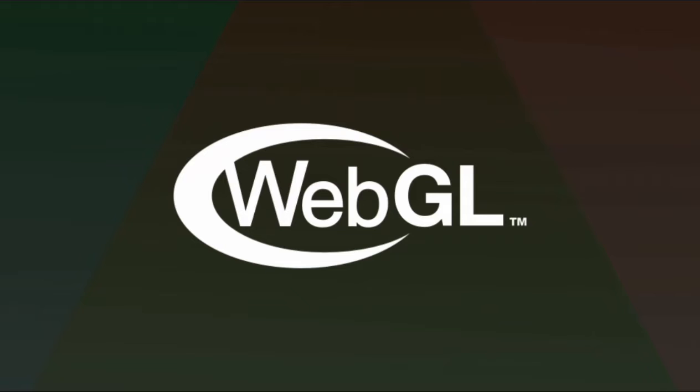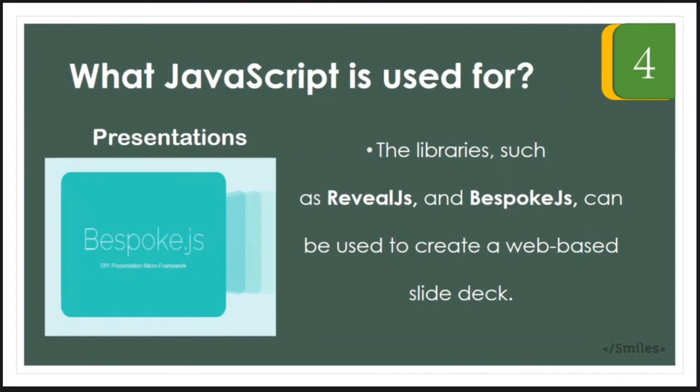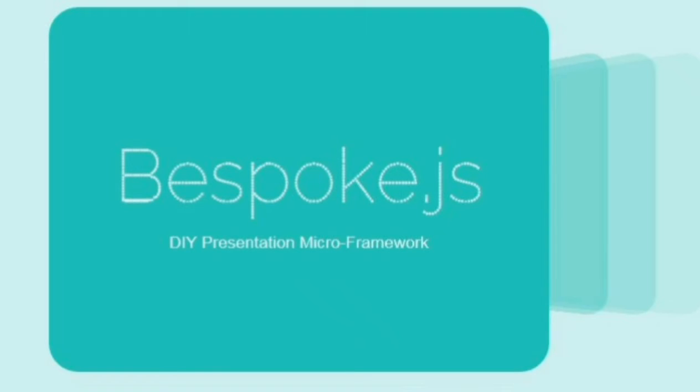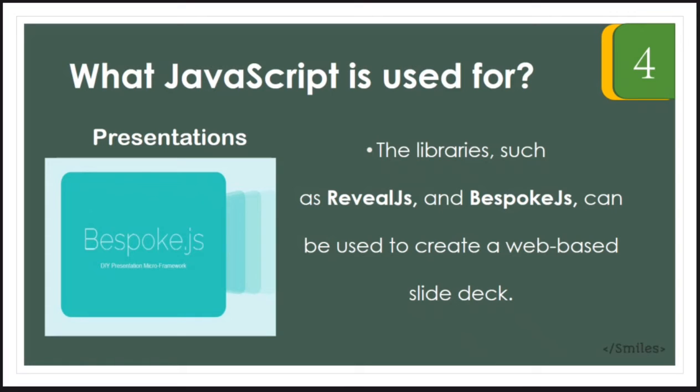Let's move on to the next amazing thing JavaScript can do: presentations. What do I mean? It helps us to create presentations as websites. Libraries such as Reveal.js and Bespoke.js can be used to create web-based slide decks, just like you see in the image here, something that slides over. They are easy to use, so we can easily make something amazing in a short time.